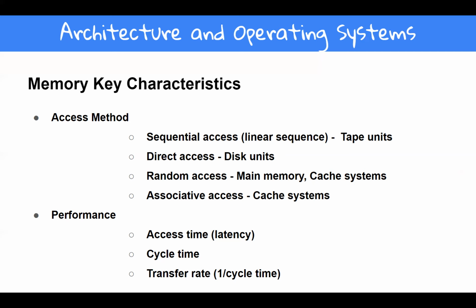The other one, random access, is actually an improvement on the last two. Each addressable location in memory has a unique physically wired-in addressing mechanism. So it means that we can go directly to the word that we are looking for.